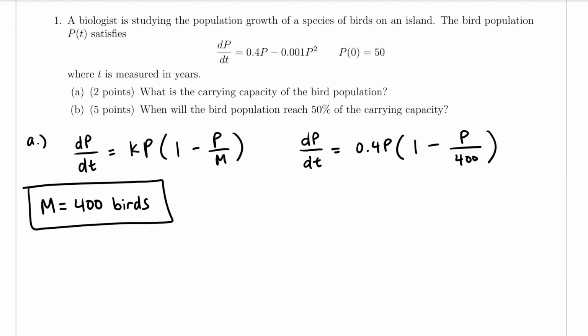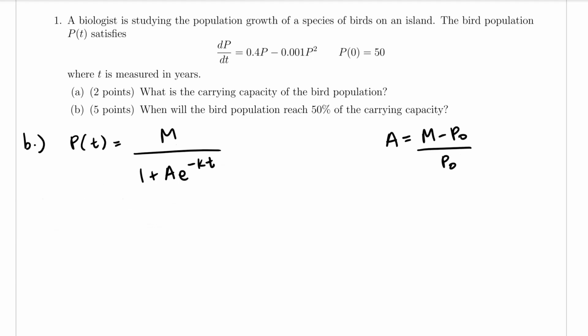So we're going to need to solve this differential equation and solve for P of t. Now, if you're taking my class, we have derived the formula for the solution to a logistic differential equation. But if you have not, you can always solve this using separable differential equations.